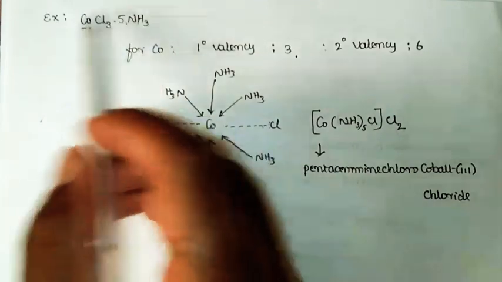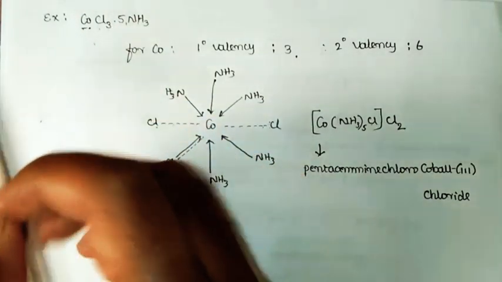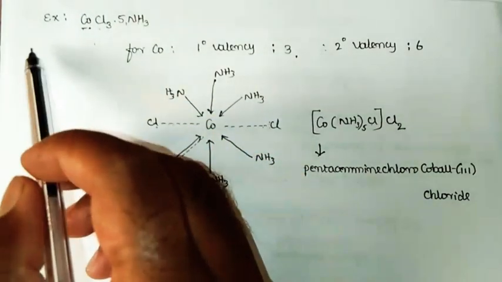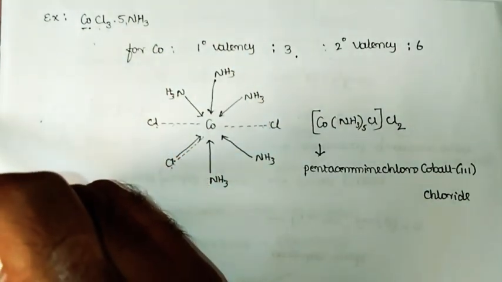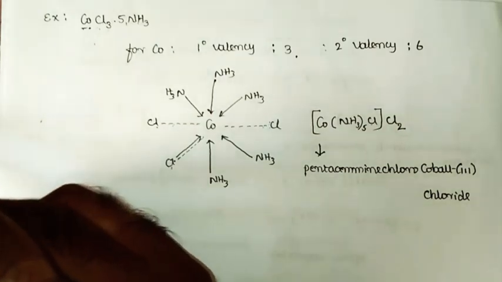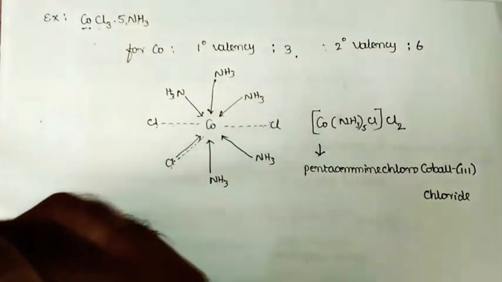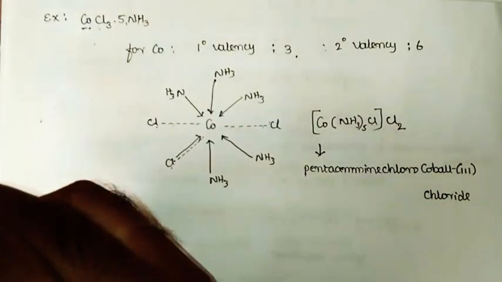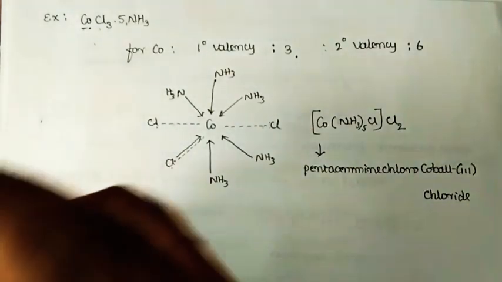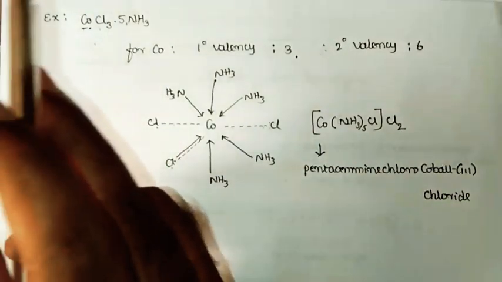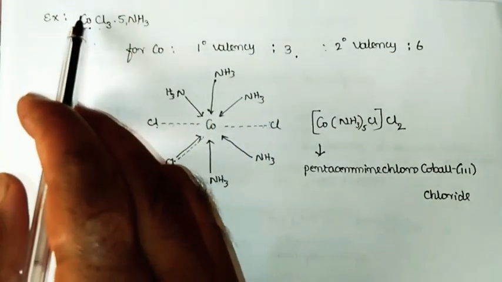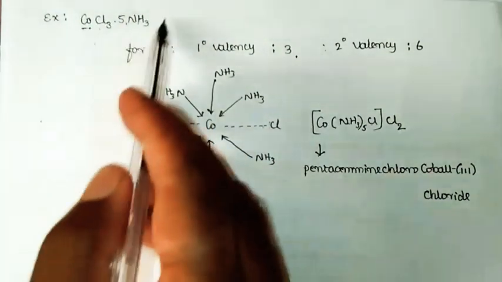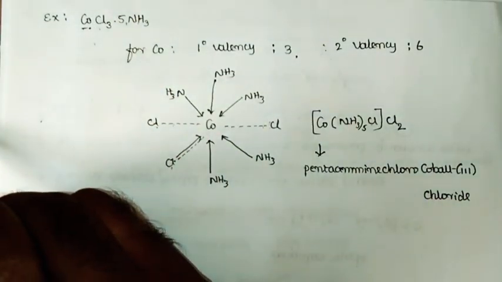When a solution containing halide is treated with aqueous silver nitrate, we get a white precipitate. So we can ask, how many moles of silver chloride precipitate will be obtained when this is reacted with excess AgNO3?